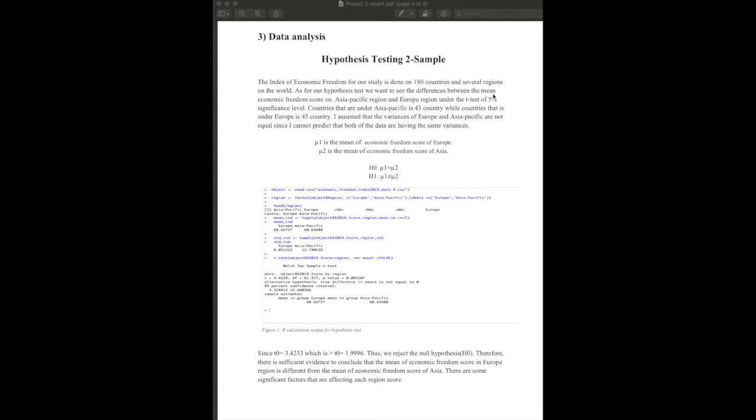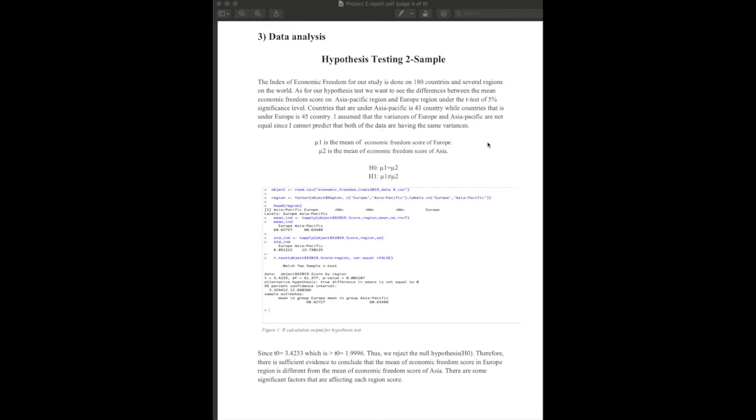Countries under Asia Pacific are 43 countries, while countries under Europe are 45 countries. I have assumed that the variances of Europe and Asia are not equal, since I cannot predict that both of the data have the same variance.